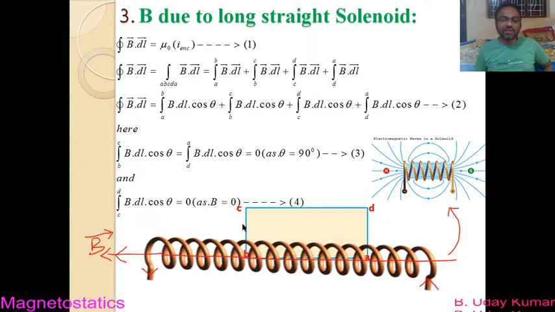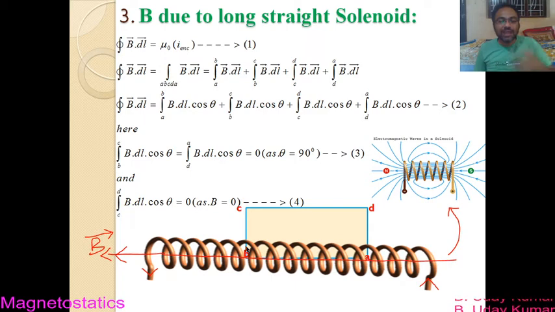This is the closed loop, which is in the shape of a rectangle that we are considering here. Whatever the solenoid that is present, exactly this rectangle is cutting it. But actually this rectangular closed loop that I am considering doesn't exist.